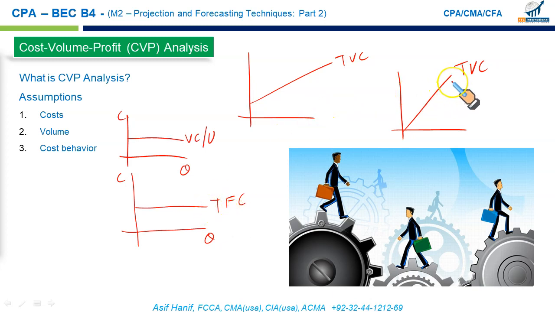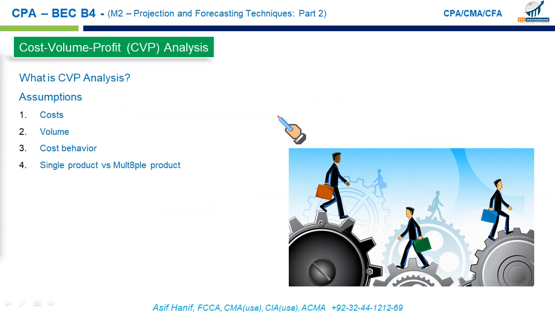Your total variable cost changes proportionally with the level of output, whereas this one should be the total cost. This represents total cost because this part is the fixed cost and this remaining part represents the variable cost, right? So the cost behavior is assumed to be linear. You may argue, but let's not.